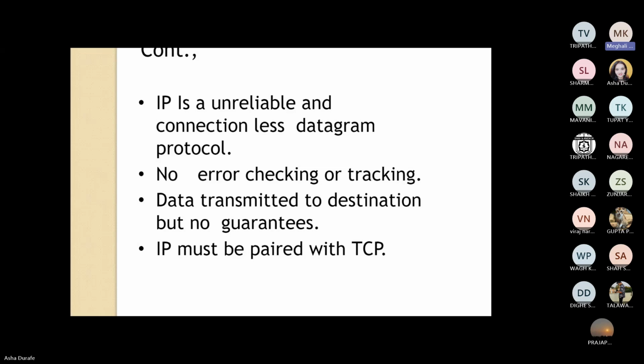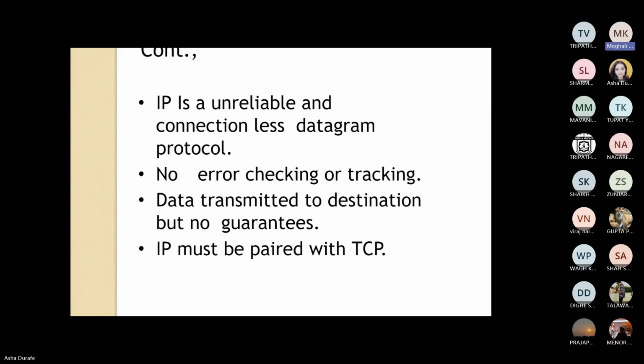There is no error checking and tracking over here, and that is the reason for calling it unreliable. There is no error checking, no error correction as it is there in the data link layer or the transport layer if you see. Data is transmitted to the destination, but there is no guarantee. There is no acknowledgement which is received as it is received in case of TCP.